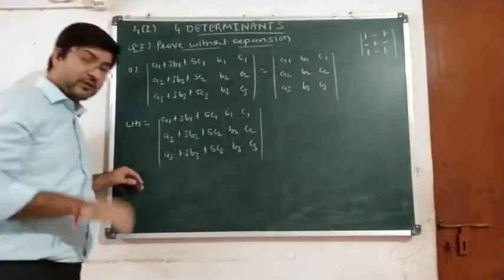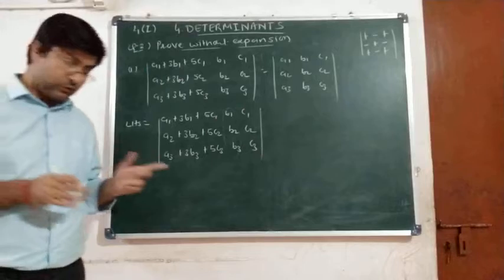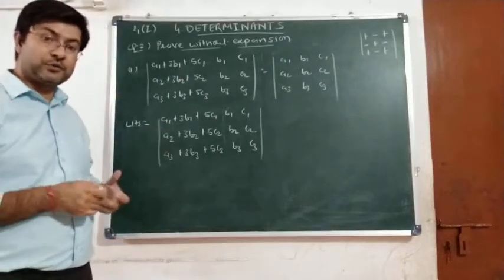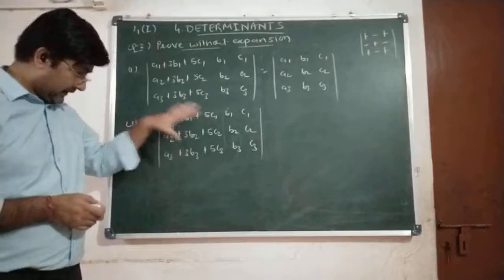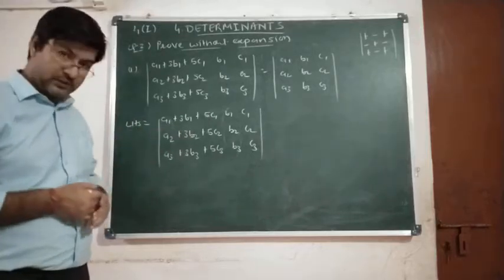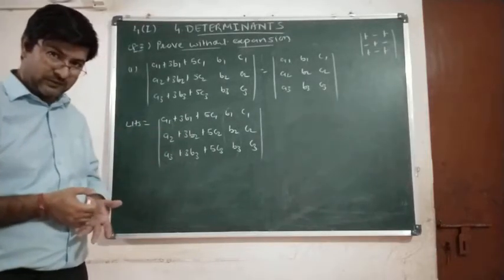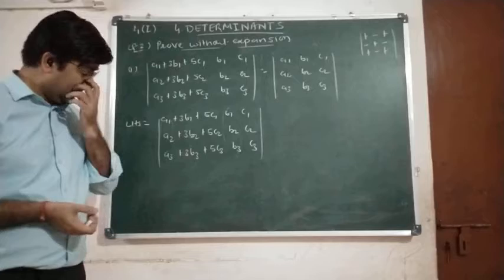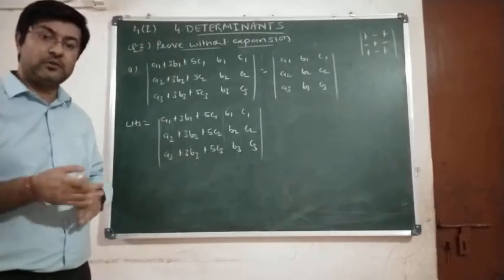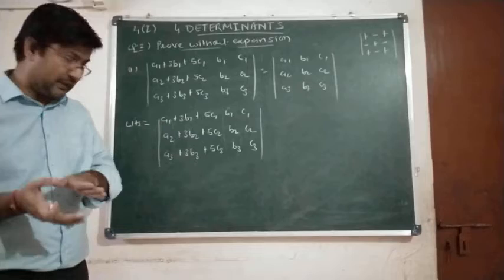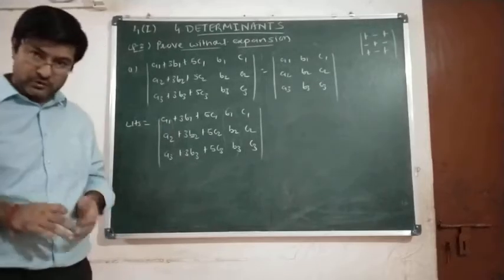So what we can do now, again we will use the same property which we have used to simplify the determinant in question number 1. Many questions we have seen in which we simplified this. Yes or no? That property: multiply each element of any row or column by some non-zero constant k and add or subtract to some other row or column.